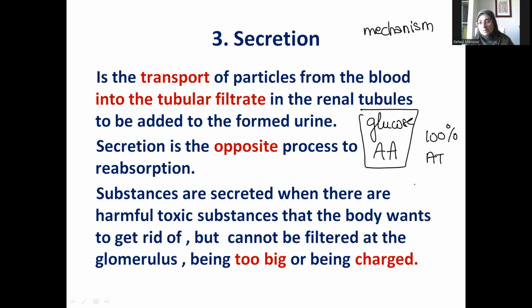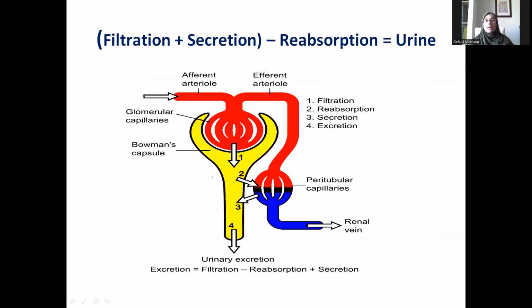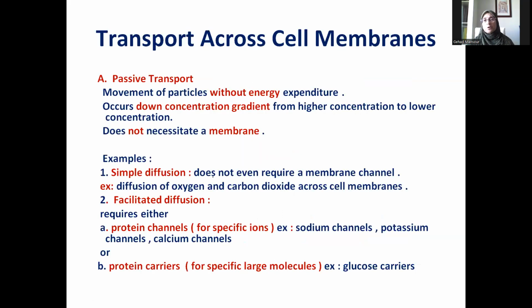But we also have salt and water that are reabsorbed, not 100%, but only the required amount. Salts are reabsorbed here again by active transport. So glucose, amino acids, and salts are reabsorbed in the PCT by active transport, whereas only water is reabsorbed passively by osmosis, okay? And this is another diagram that recaps all what we have said.